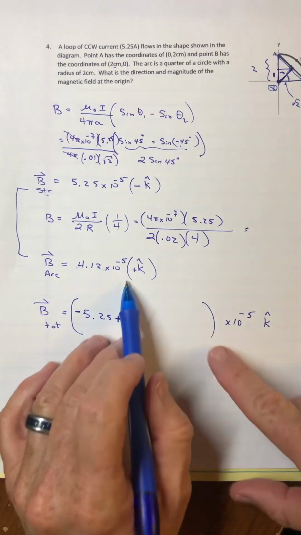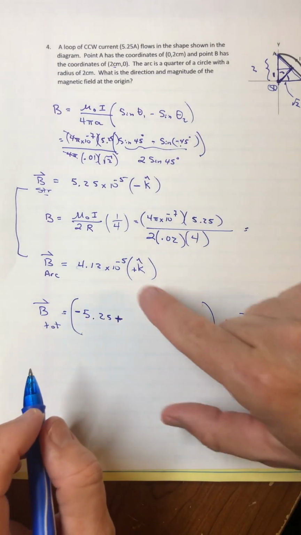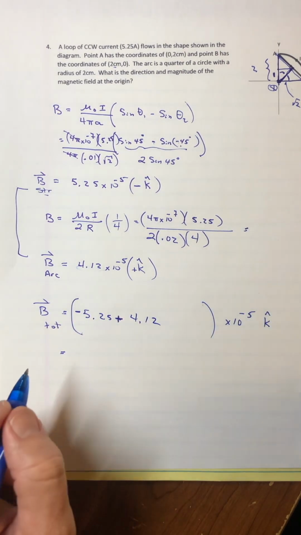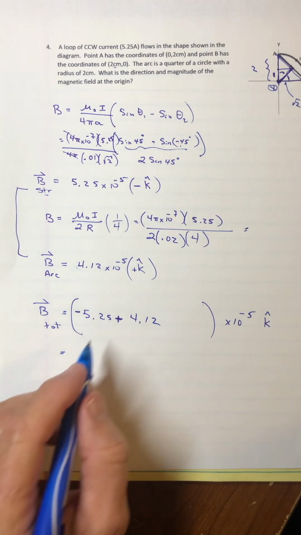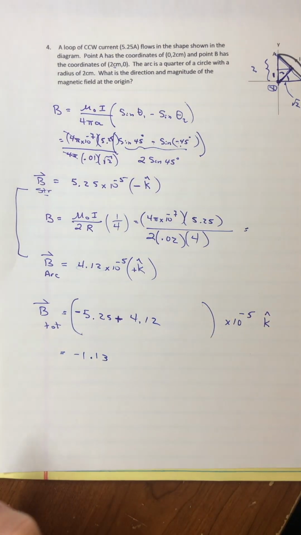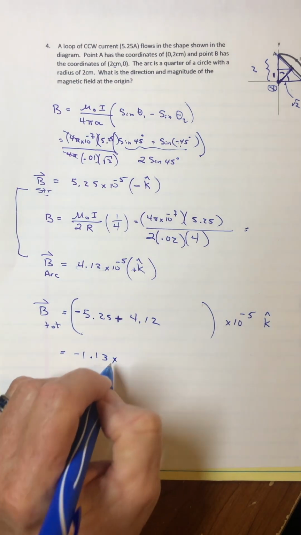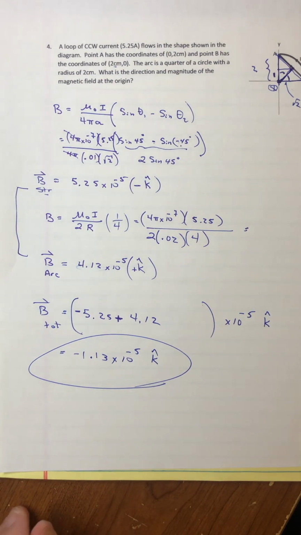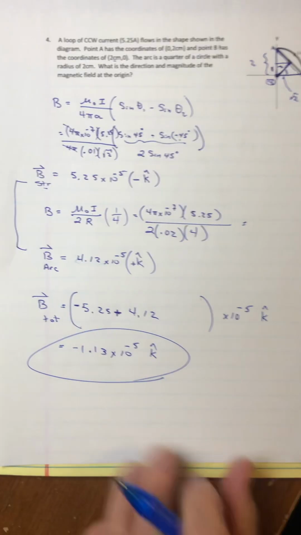And so it's times 10 to the minus 5 times k. And then it's 4.12. So it looks like if I subtract those, I've got a 13 and a 1 and a negative, and then times 10 to the minus 5, and in the z direction. So there, finally, is the total field.